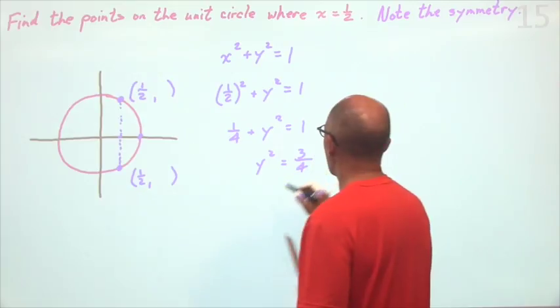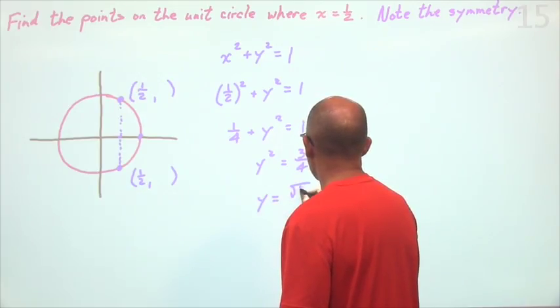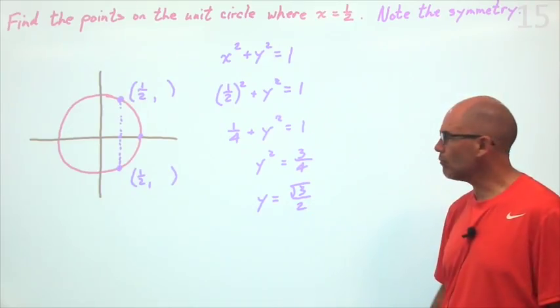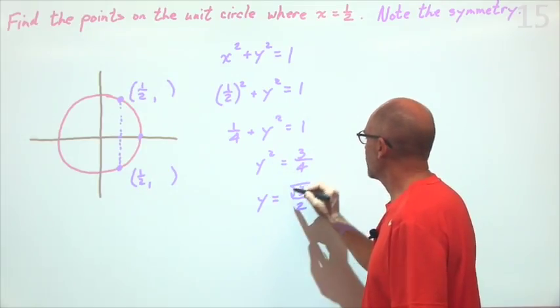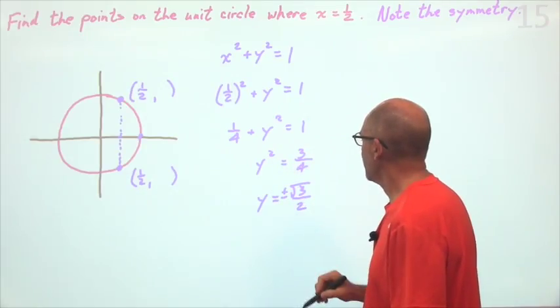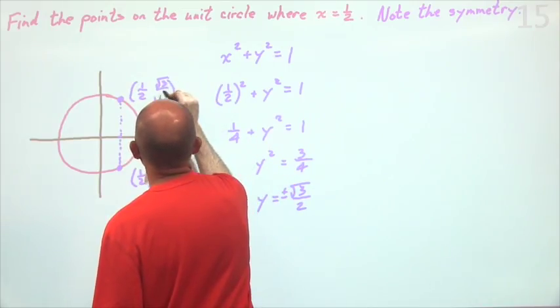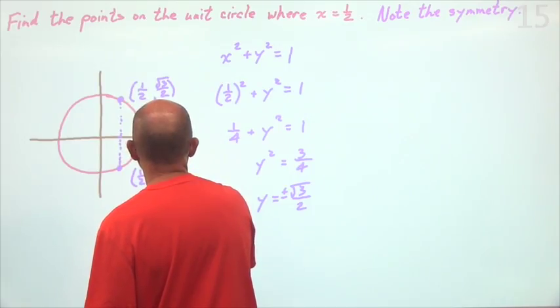Now we take the square root of both sides. So y equals square root of 3 over square root of 4, which is 2. And notice when we took the square root of both sides, it's plus or minus. So here's the positive square root of 3 over 2, and here's the negative square root of 3 over 2.